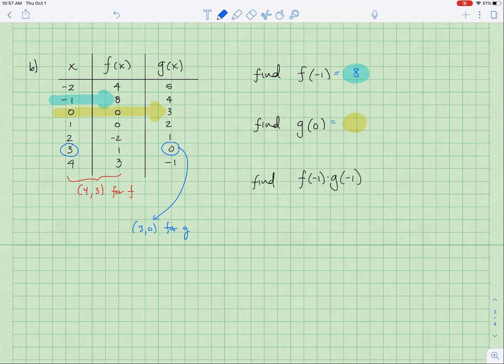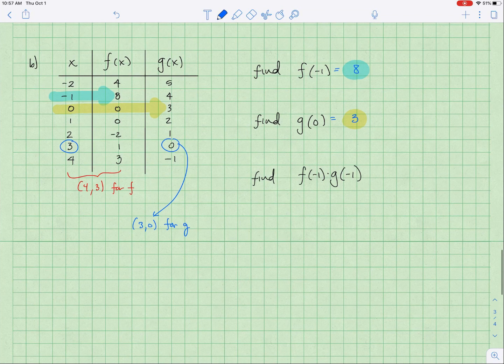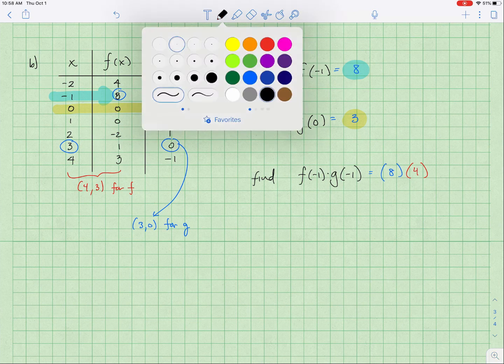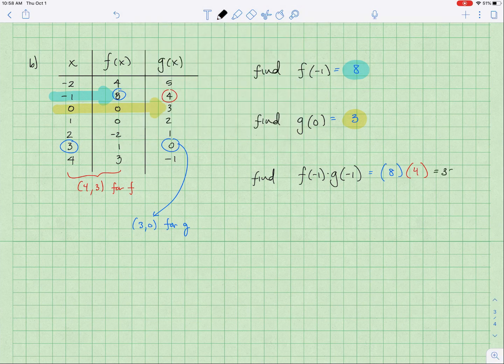Now for this last one, f of negative 1 times g of negative 1, we already know what f of negative 1 is. That is 8, and g of negative 1 is 4, and the answer here is 32.